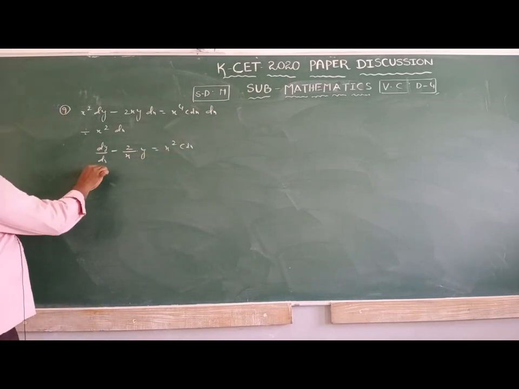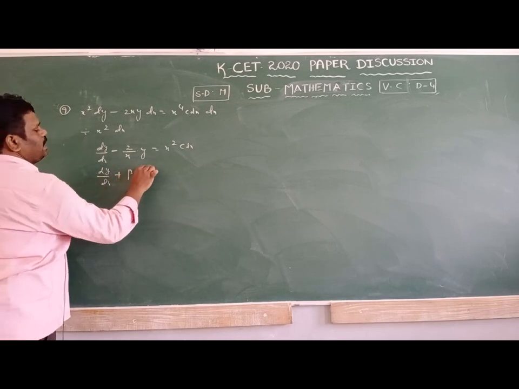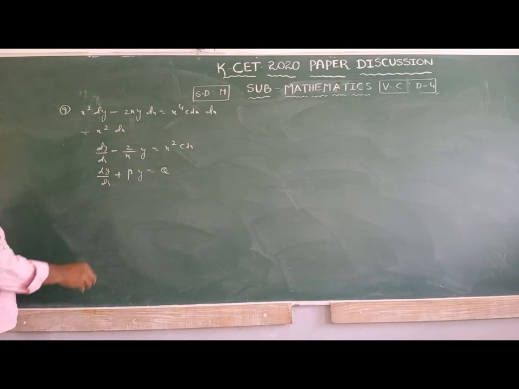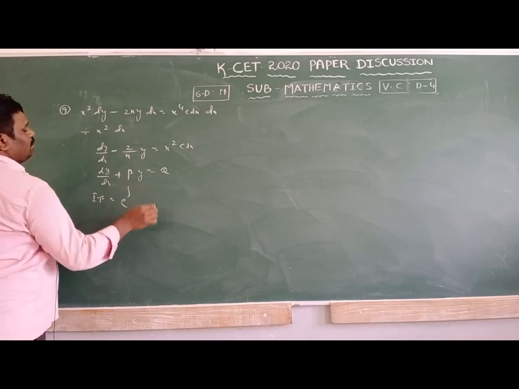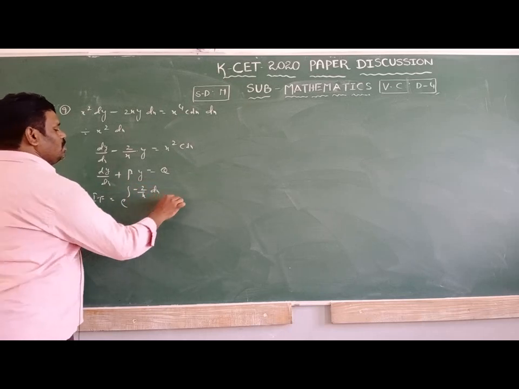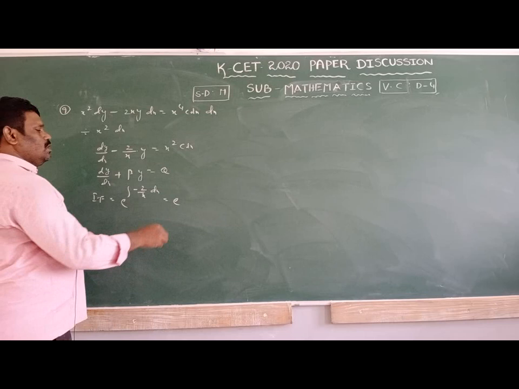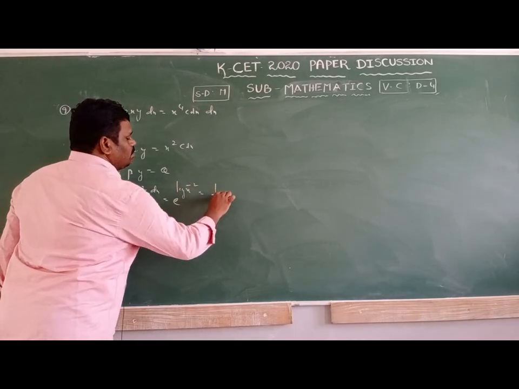This is of the form dy by dx plus P into y is equal to Q. The integrating factor is e power integral of P dx, that is e power integral of minus 2 by x dx, which is e power minus 2 log x, that is x power minus 2, meaning 1 by x square.